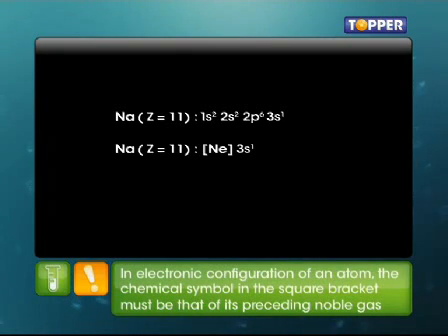So an alternate way to write the electronic configuration for sodium is [Ne] 3s1. Often, examiners may ask you to use this notation rather than the long forms. So be sure to brush up on the configurations of noble gases.